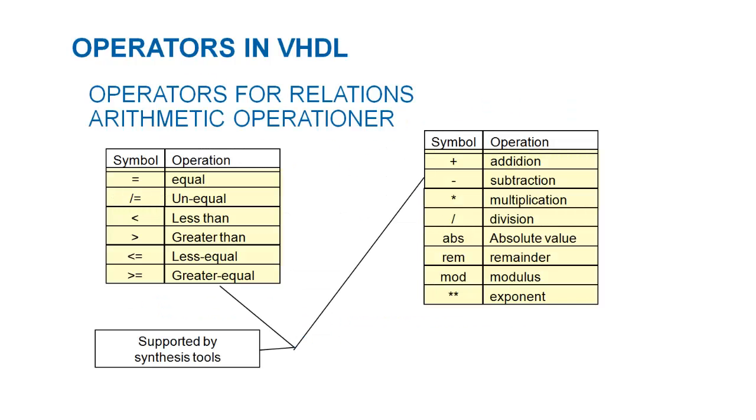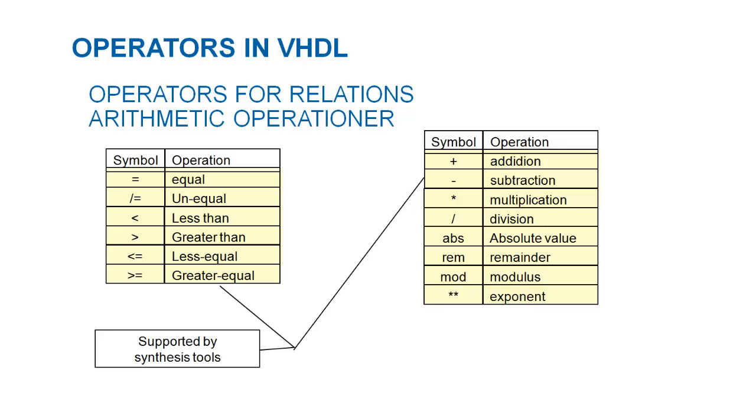Operators in VHDL are very, very nice to have, because they make it easy for us to manipulate and to implement complex algorithms. So what this also means is that we should be familiar with the kind of operators that are available and which operators can be implemented or cannot be implemented. So we have logical operators and arithmetic operators.